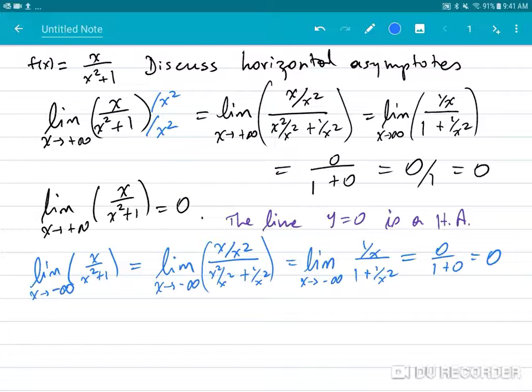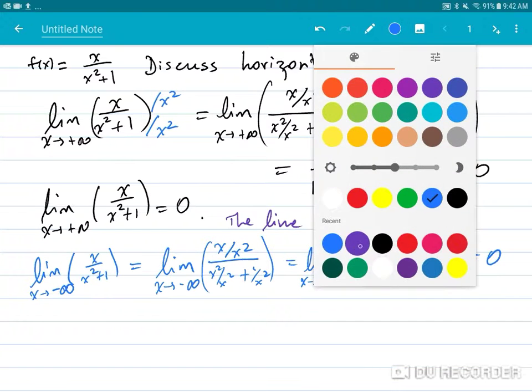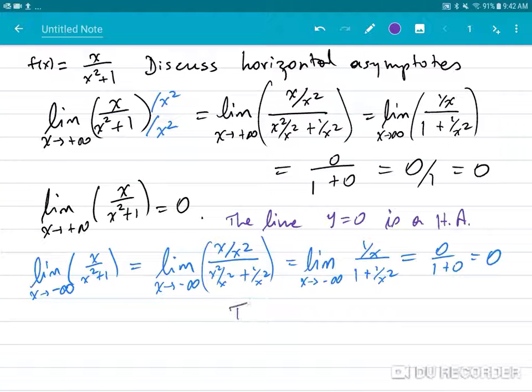Once again, we have the limit as x approaches minus infinity equals 0. This also confirms that the line y equals 0 is a horizontal asymptote. If it was a different limit, we would have had a different horizontal asymptote.